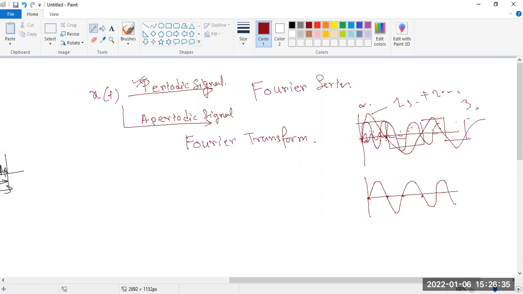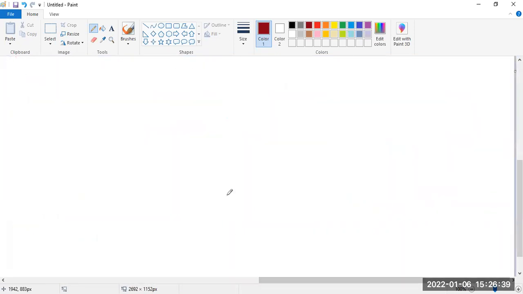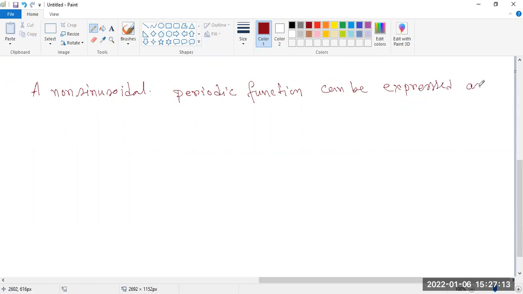Let me write down these things. A non-sinusoidal periodic function can be expressed as an infinite sum of sinusoidal functions.